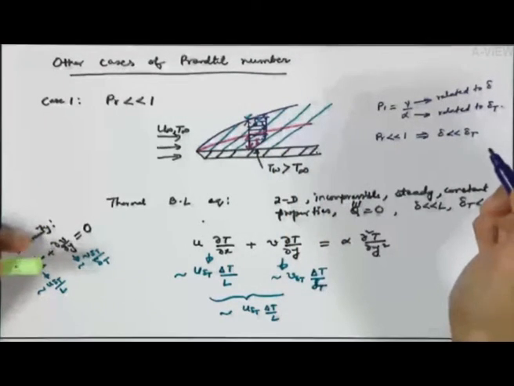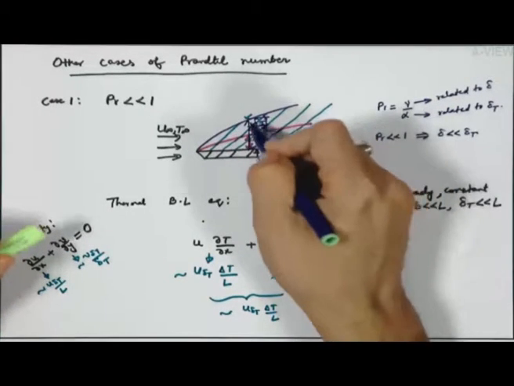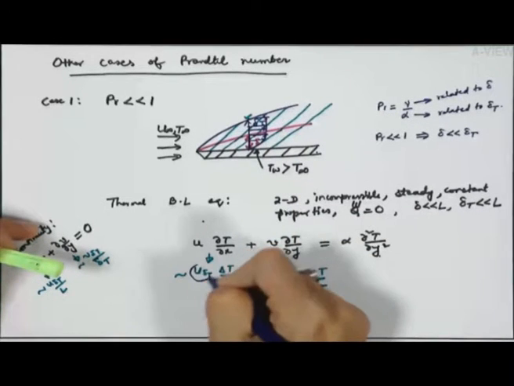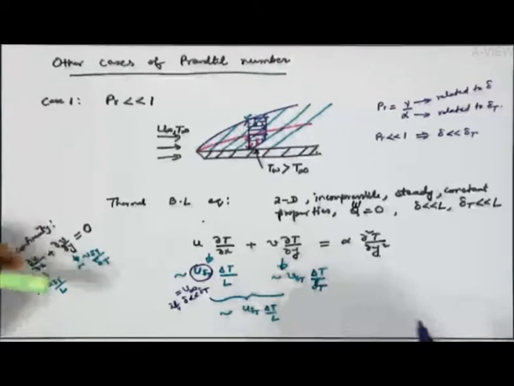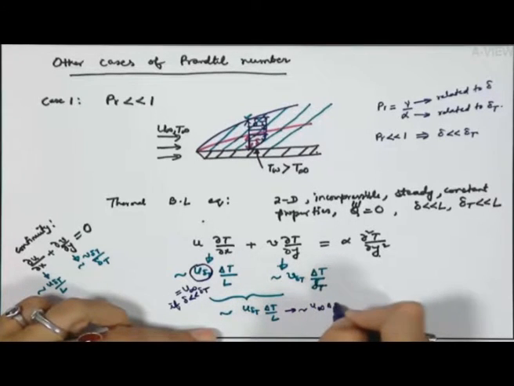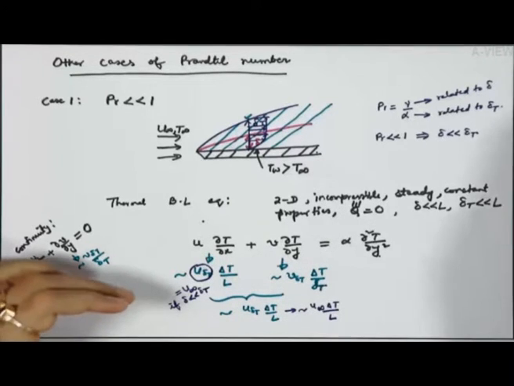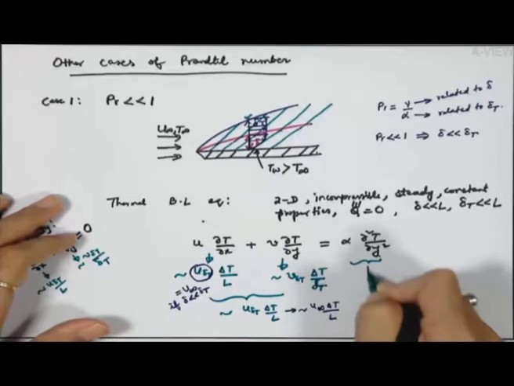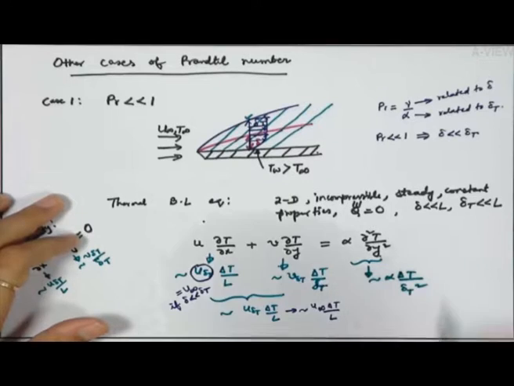I am not drawing the temperature profile over it because the figure will be too clumsy, but you can well see that u at delta T is equal to u infinity if delta is much less than delta T. So, this is of the order of u infinity delta T by L. What is the order of this expression? This is of the order of alpha delta T by delta T square.